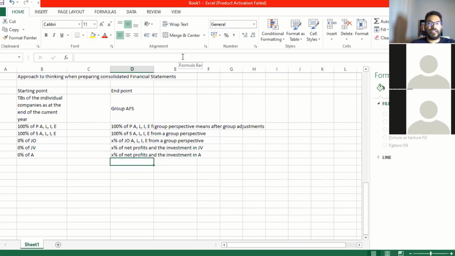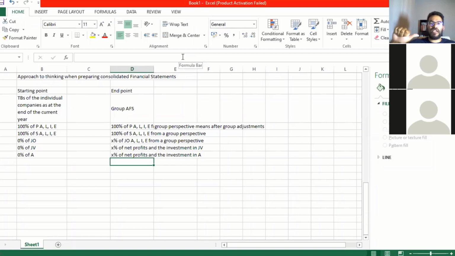And that is the reason why the starting point is zero. There's no point starting off with 100% of the trial balance of an associate or joint venture only to remove 100%. It makes much more sense to start with zero and only bring on what we want. Basically, we only want two things: our share of the income statement and the balance sheet.